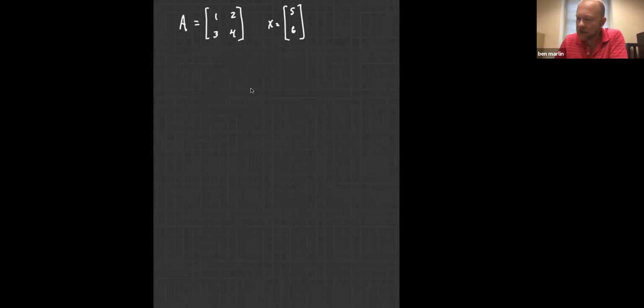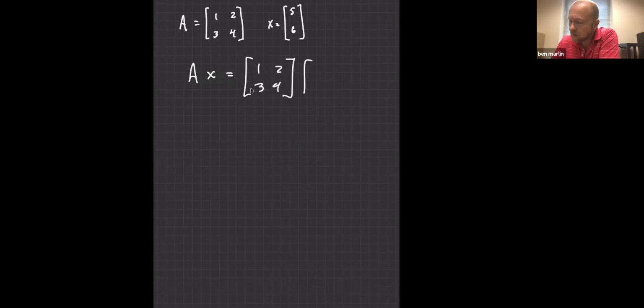So what we're looking at here is how to multiply this matrix A times this vector X. I'm going to take this 1, 2, 3, 4 here and multiply it by this 5, 6.